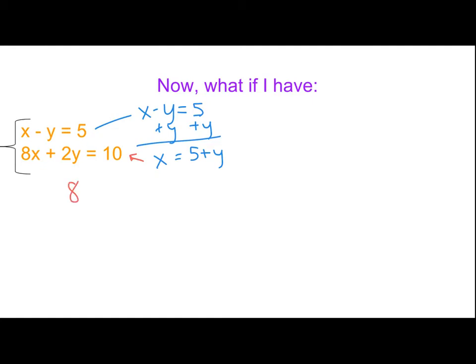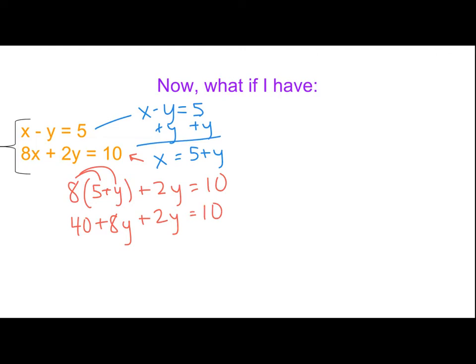So I'm going to take this one, and every time I see x, I'm now going to replace it with the quantity of 5 plus y equals 10. Then we get 40 plus 8y, got to distribute both of those in, plus 2y equals 10. 40 plus 10y equals 10.